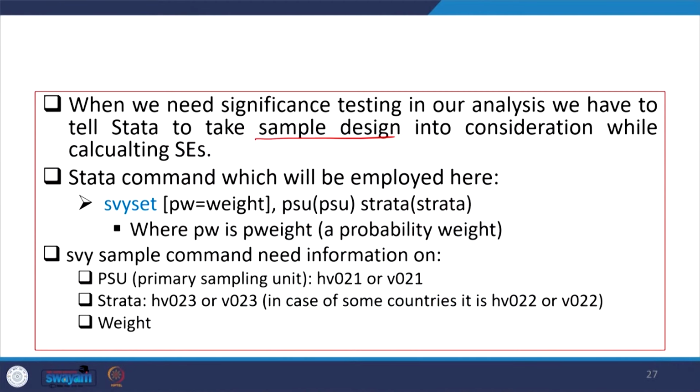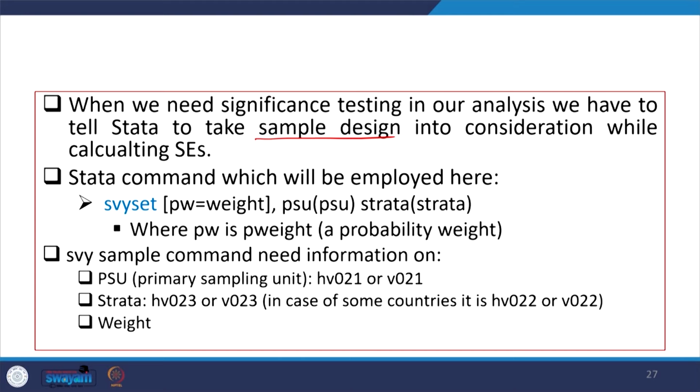Since most larger databases come with a complex sample design, the data has to be set with the sample design command. To tell Stata that my data follows a sample design, we have to use this command, with the sample design weight which we already discussed.